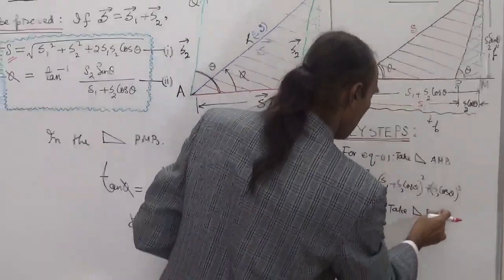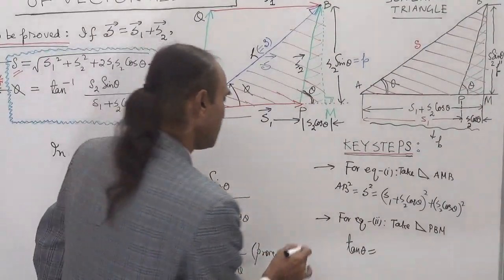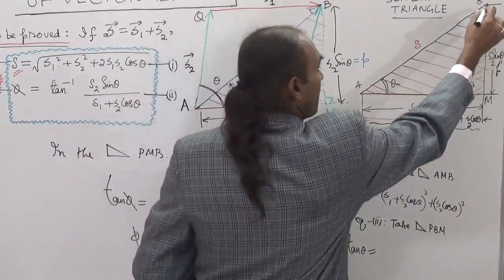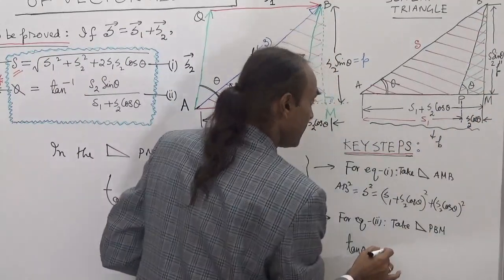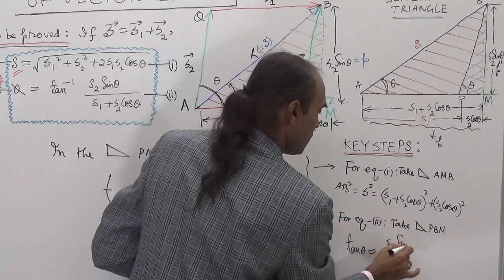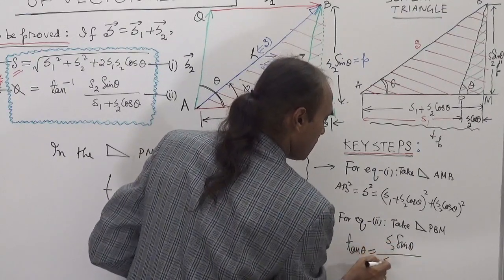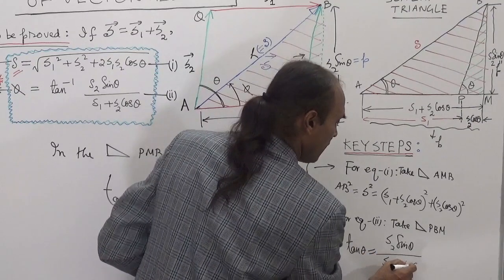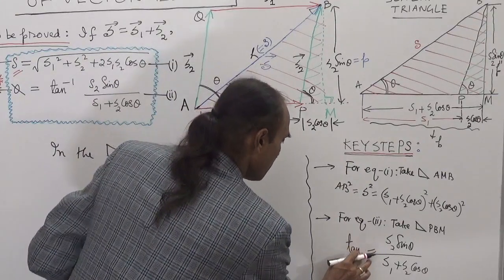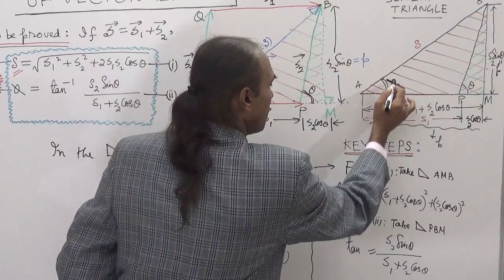So take the triangle PMB, and in that triangle, tan theta is equal to perpendicular upon base, that is S2 sin theta upon S1 plus S2 cos theta. This is not tan theta, that is tan phi. This is phi, this is not theta.